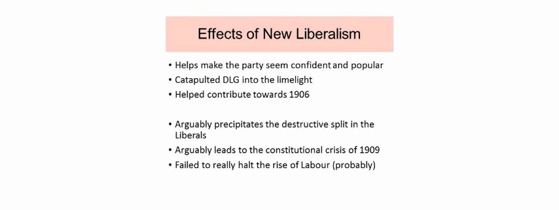Actually, that was a decline from its high in 1910. So actually, it was working. It was only the war which then led to the rise of Labour. You can agree with that or not. But basically, if you're going to say new liberalism does not work to stop the Labour Party becoming organised, then you have a lot more arguments against that, saying, well, actually, it might have delayed it. It could have worked had it been something else.